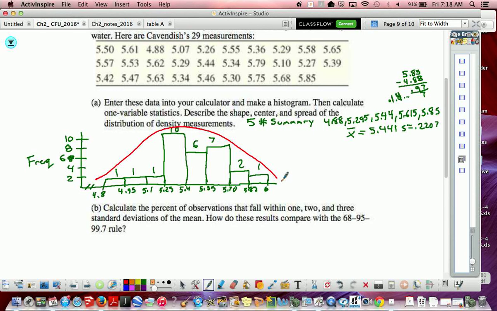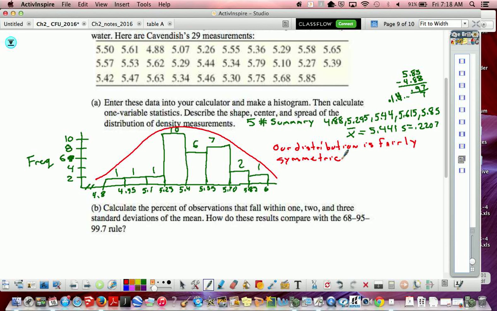Well, I don't see any major skewness in one direction or the other, so we'll say our graph, or our distribution, is fairly symmetric.